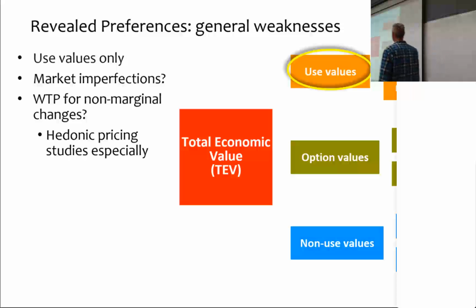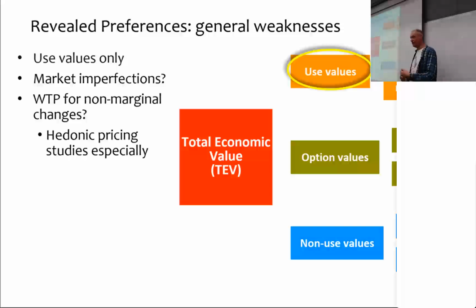There's other drawbacks. If you're looking at markets and people behaving in existing markets and inferring their preferences from their behavior in that market, the structure of that market matters how you infer their behavior.